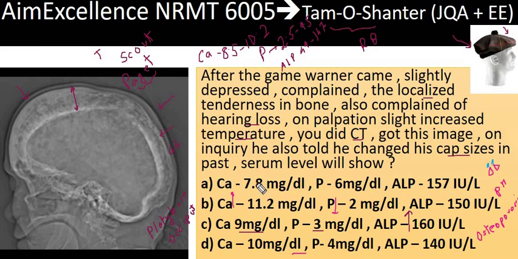And here it is a case of secondary hyperparathyroidism, because calcium is decreased, phosphorus is increased, and alkaline phosphatase is increased. That is mainly seen in cases of chronic kidney disease.